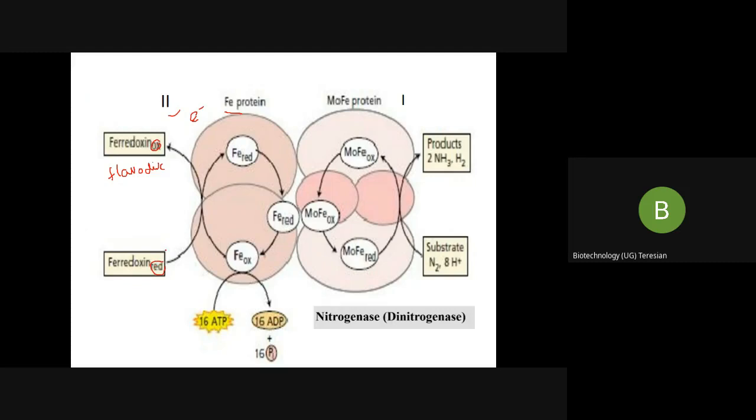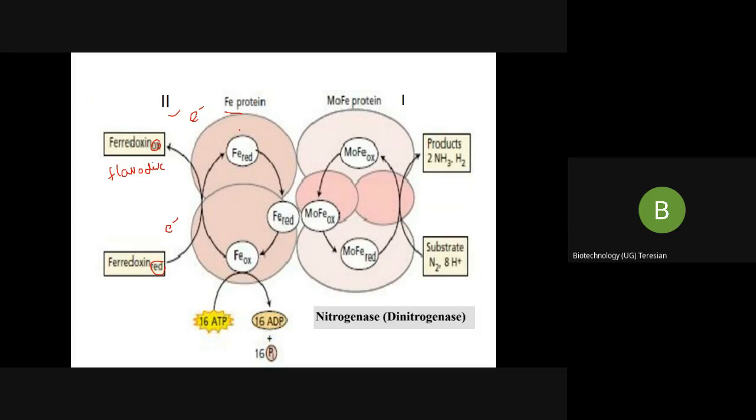So what is happening? Electrons are released when the oxidation to reduction occurs. When the electrons are being produced, 16 molecules of ATP get hydrolyzed to 16 molecules of ADP and 16 molecules of inorganic phosphate. That is, hydrolysis is occurring. All this is happening in component 1, that is your iron sulfur protein.